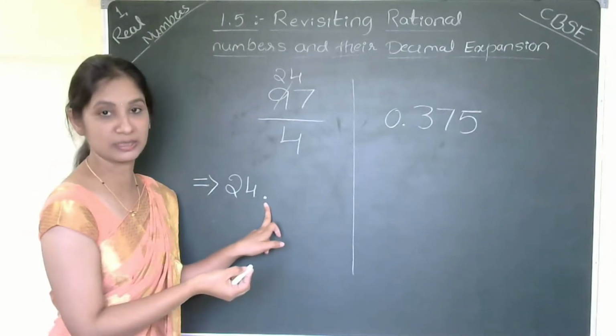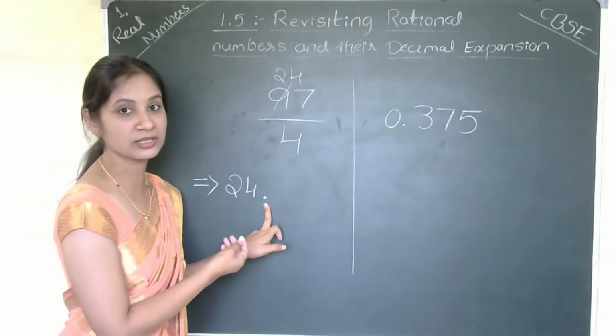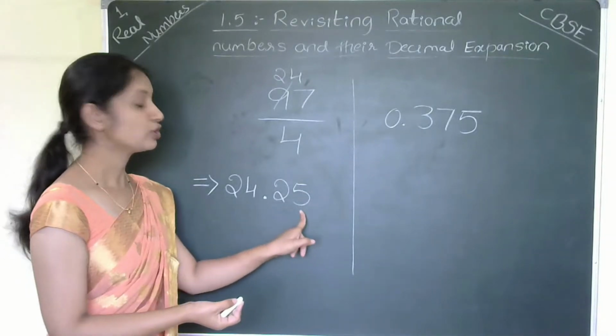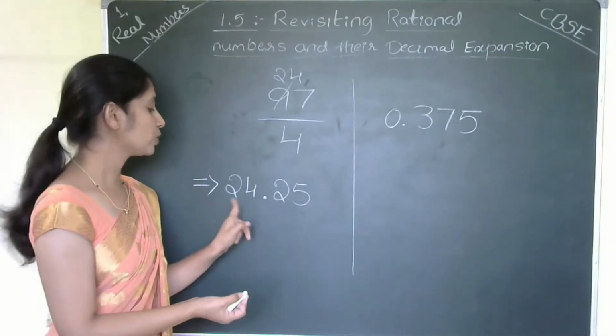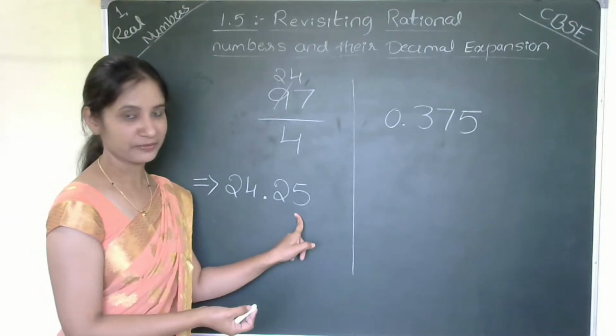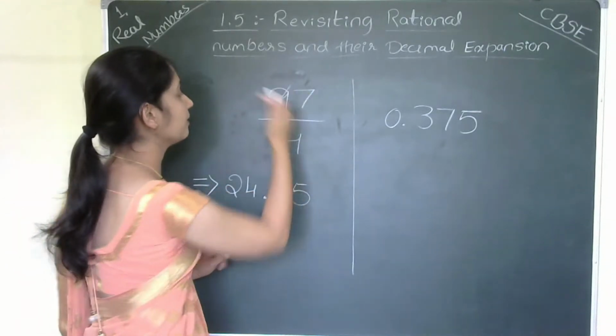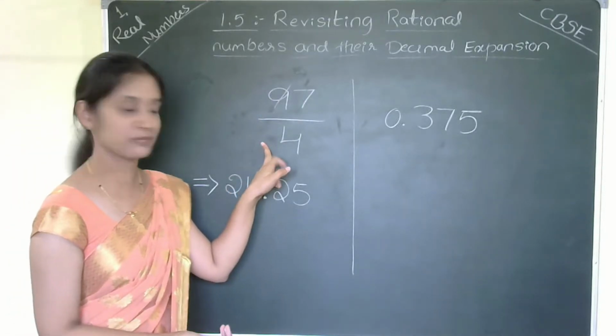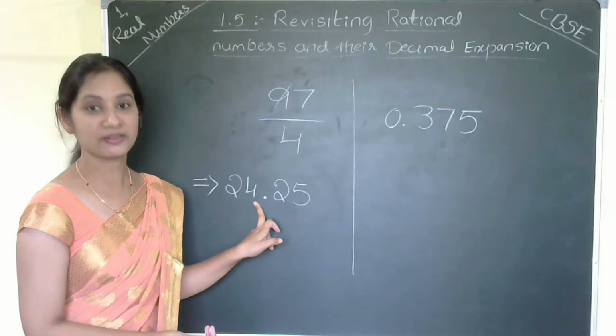We need to put a decimal point. You have learned these processes, right? And then the final answer is 24.25. So what we did here, we converted this fractional form, or rational number, into its decimal form.